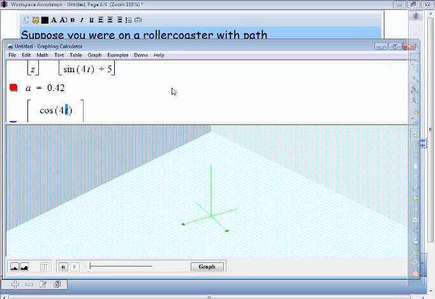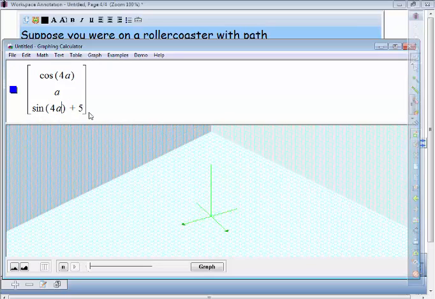So I'm going to replace t with 0.42. That gives me some point over here.